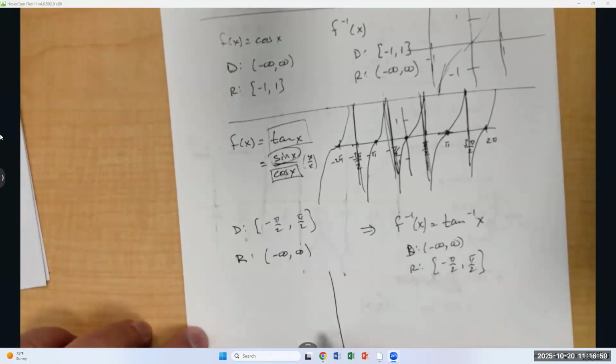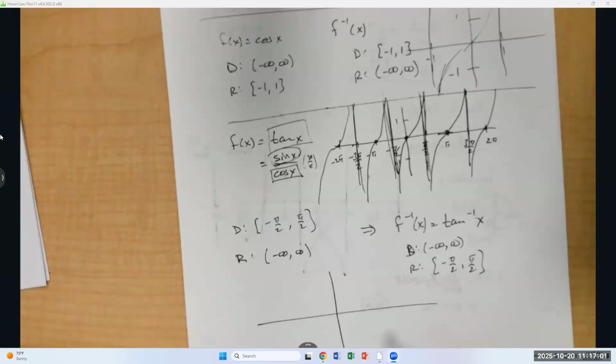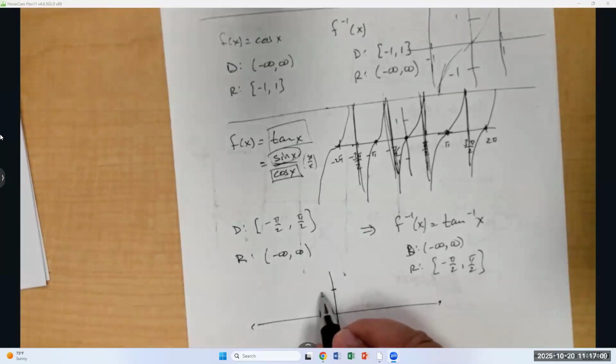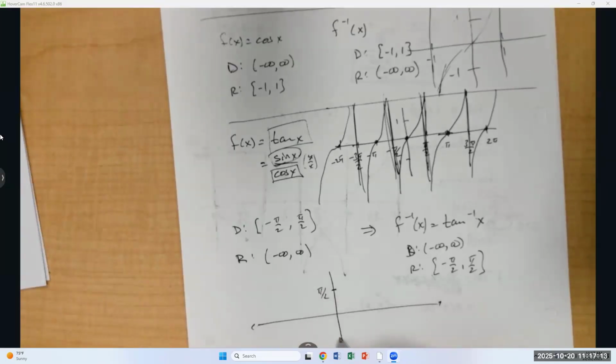So let's see what that graph looks like. The domain goes left and right from negative infinity to positive infinity. And the range is from negative pi over 2 to pi over 2.